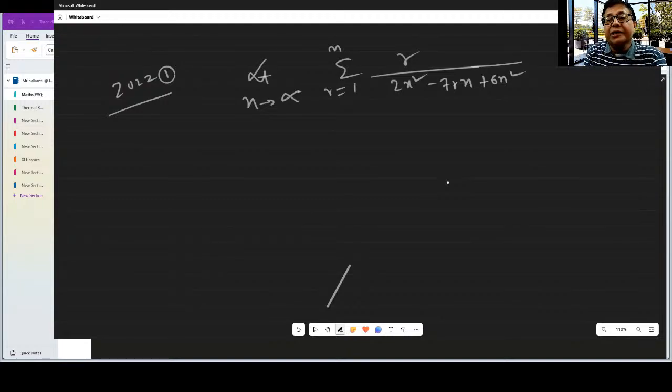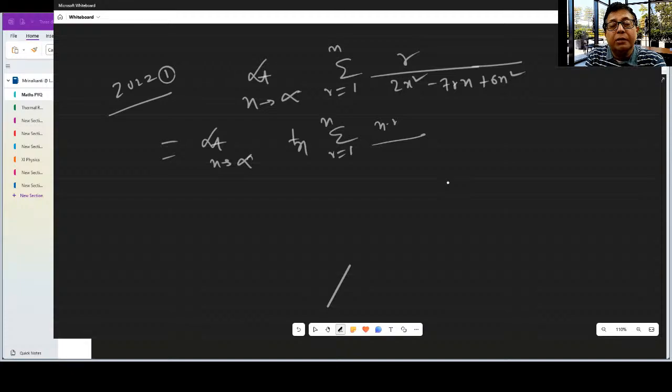First one is r and these are n's. This you write 1 by n outside first. Just a minute.